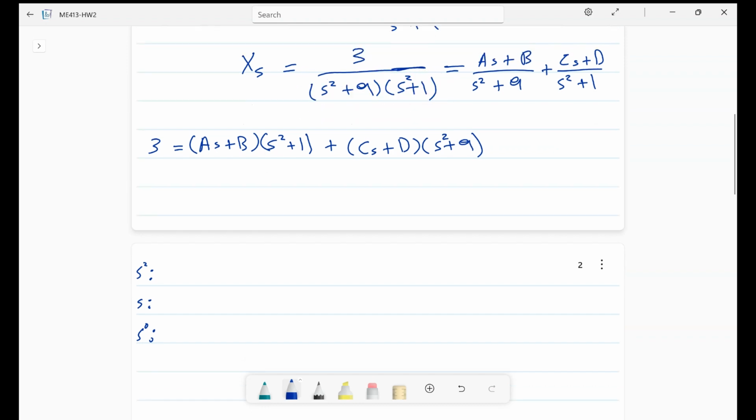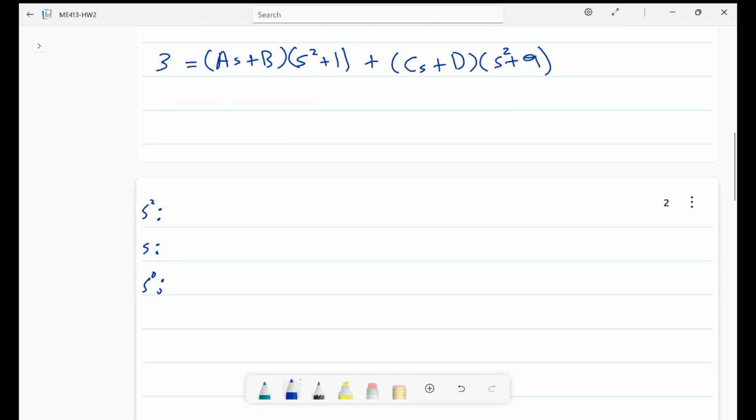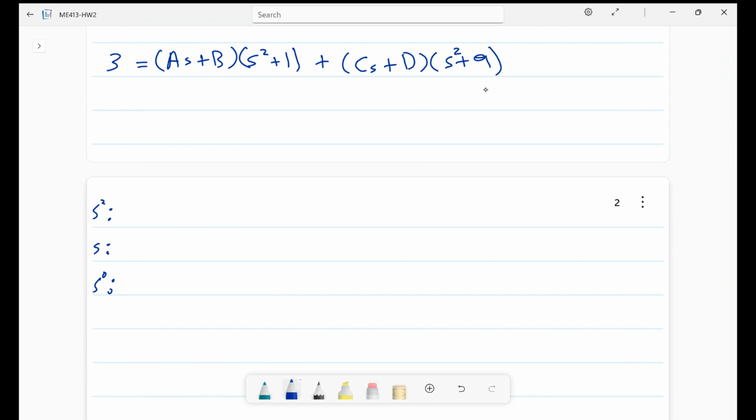Now, it will not be s squared only, it will also have s to the power 3, right? Yes. So for the right-hand side, what is the coefficient of s to the power 3?